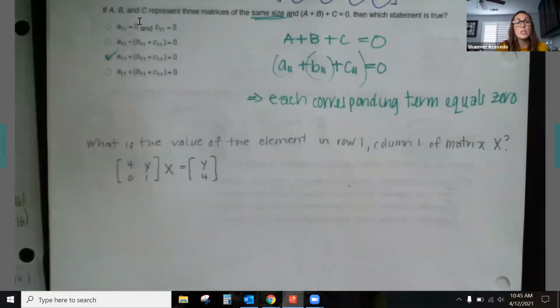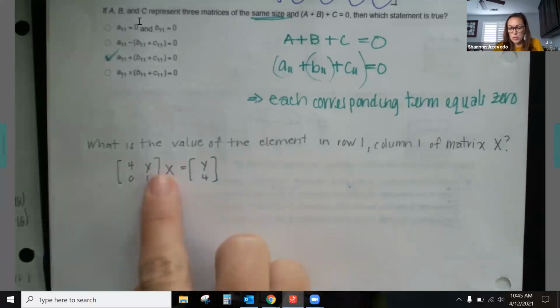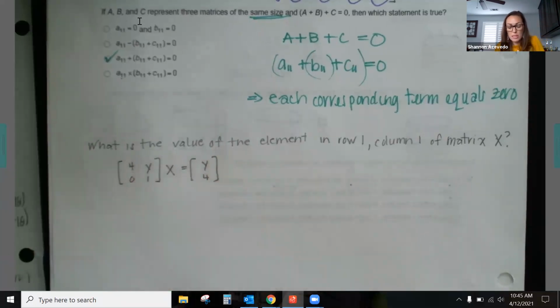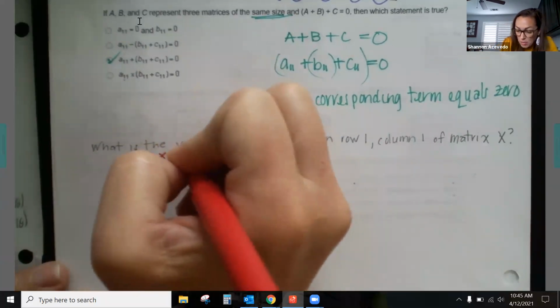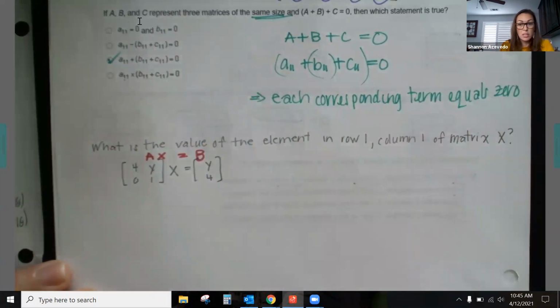And this last one was an add-on. I actually had several people email me about this one, asking if I could do it today. I think it's because of this variable and it just throws you off that it's here and here. Because when we talk about these, we use the idea that AX is equal to some B. Same process we've been doing.